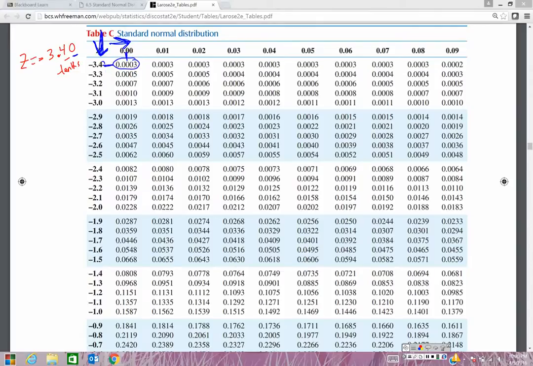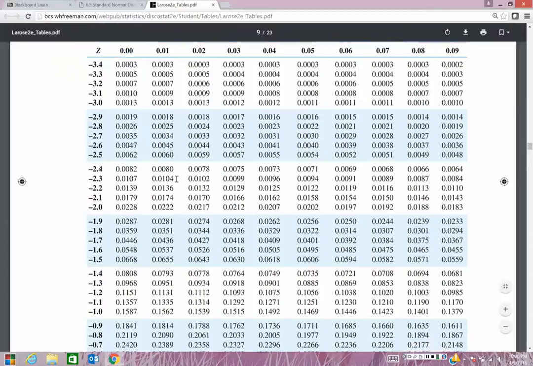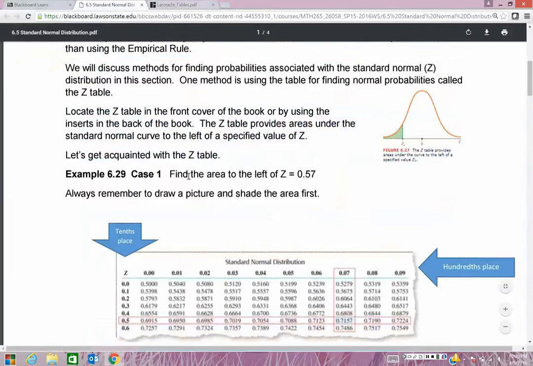Now, let's go over another example that I have included on the semi-guided notes here. So the first example, find the area to the left of Z equals 0.57. So again, let's break down this 0.57. Let me write it a little larger.